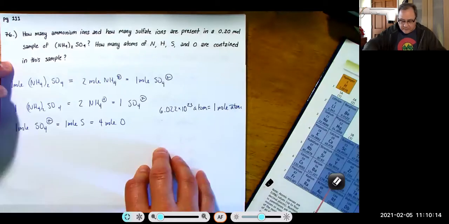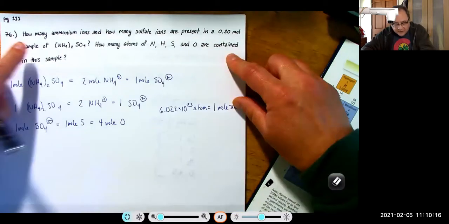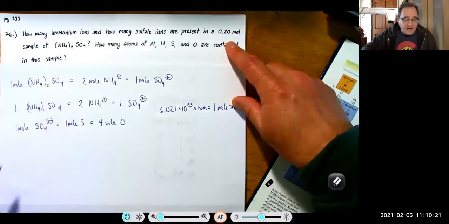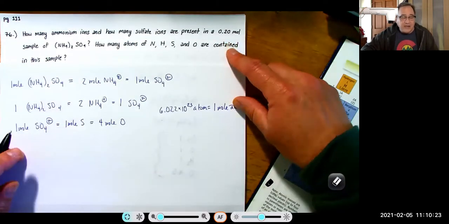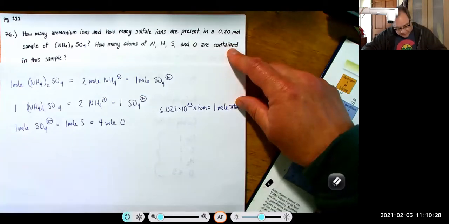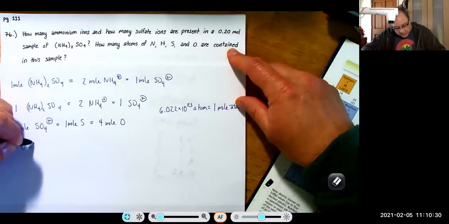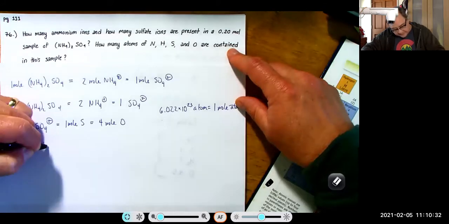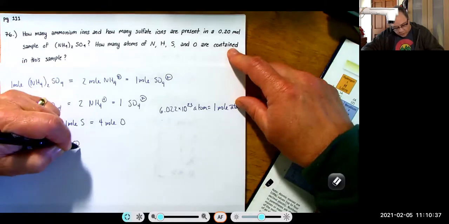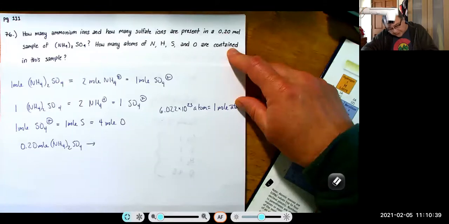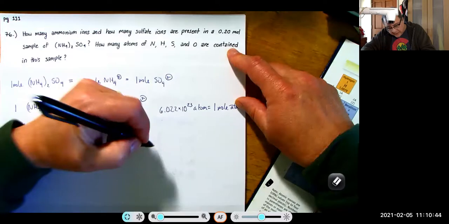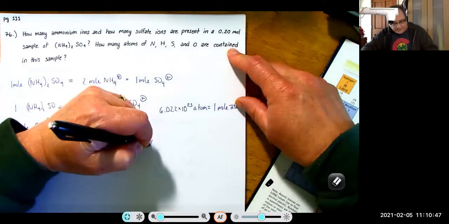So here, how many ions are present in 0.20 moles? When they say how many ammonium ions, they want to know the number of ions, not the moles of ions. So we're going to take that 0.2 mole of ammonium sulfate, turn that into moles of ions, and then turn that into number of ions.